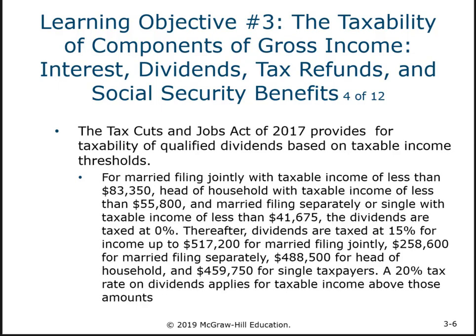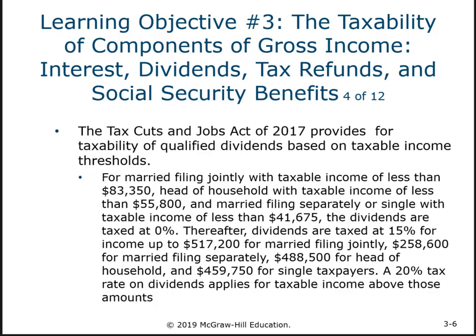It's not that they're not part of income, it's just that they're taxed differently. Now that rate could be as low as 0. So even though your tax rate is 0, it is still included in income, and you see the thresholds. If married filing jointly, up to $83,350, qualified dividends are taxed at 0.